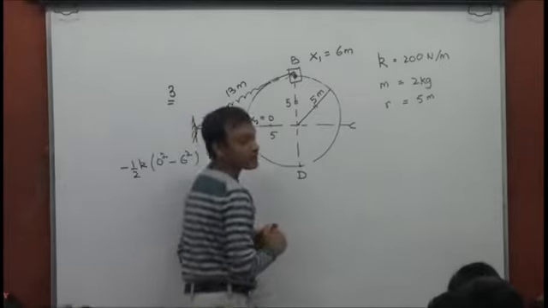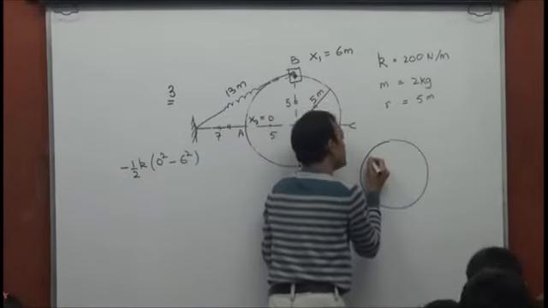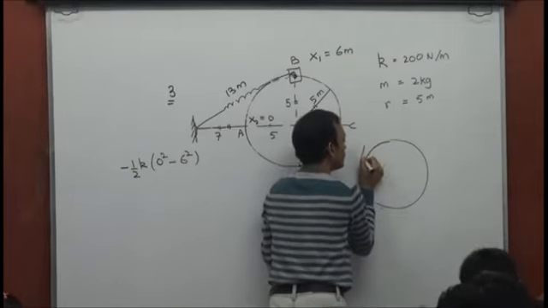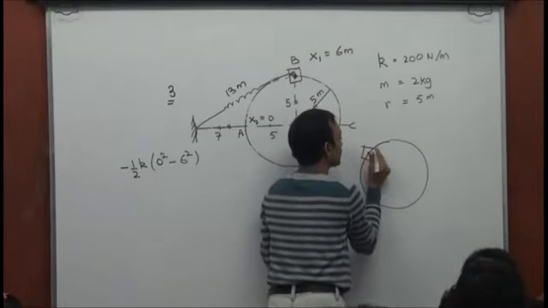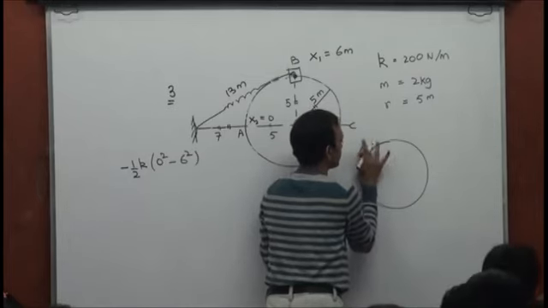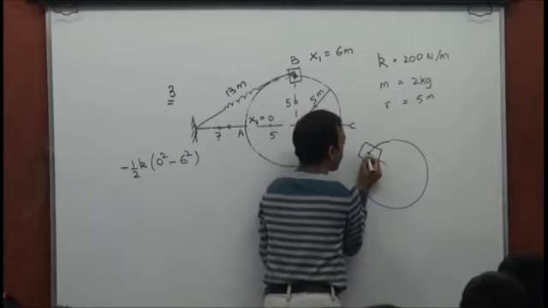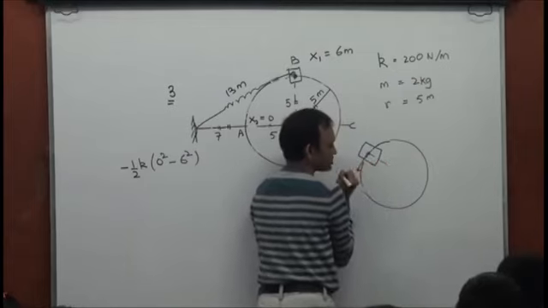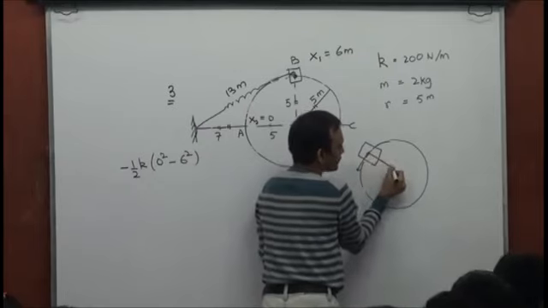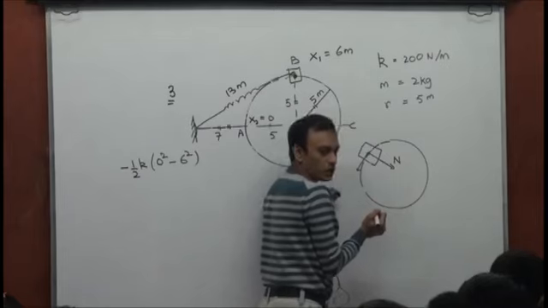What about the normal reaction? Well, look at this circular track. At any point of time, when the collar is here, let's say the collar has a certain velocity here. Therefore, to negotiate this circular trajectory, it would be acted upon by a normal reaction.